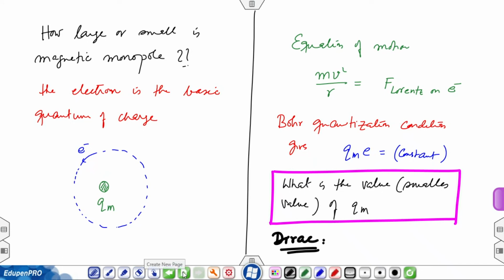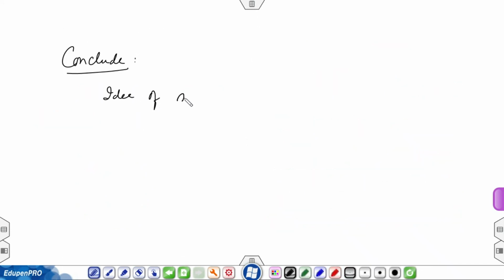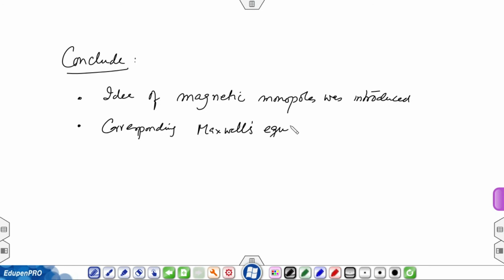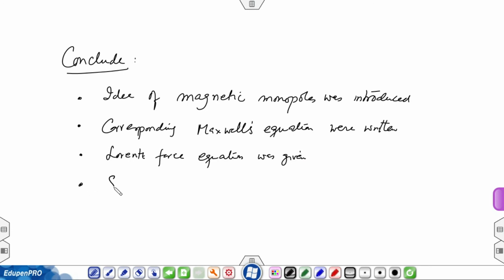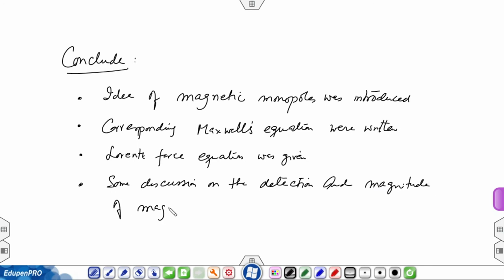So, finally, to conclude, the idea of magnetic monopoles was introduced, the corresponding Maxwell's equations were written, and so was the Lorentz force equation given, and finally, we had some discussion on the detection and magnitude of magnetic charge. Thank you.